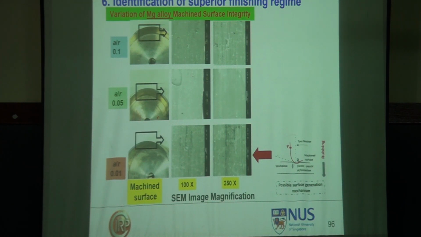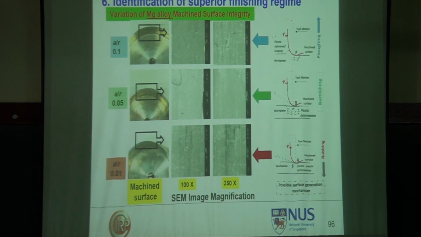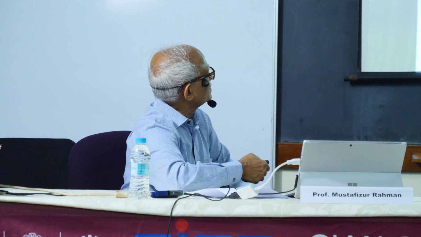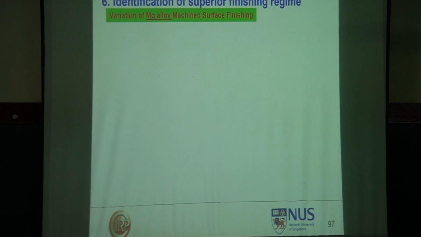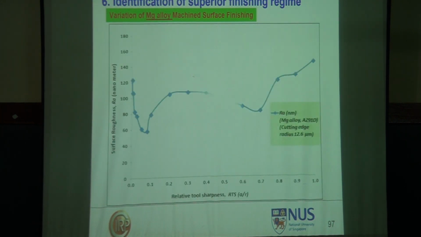If you see these three, this seems to be the cleanest zone. So this zone was identified, and we say identification of superior finishing zone, variation of magnesium alloy machine surface finish.